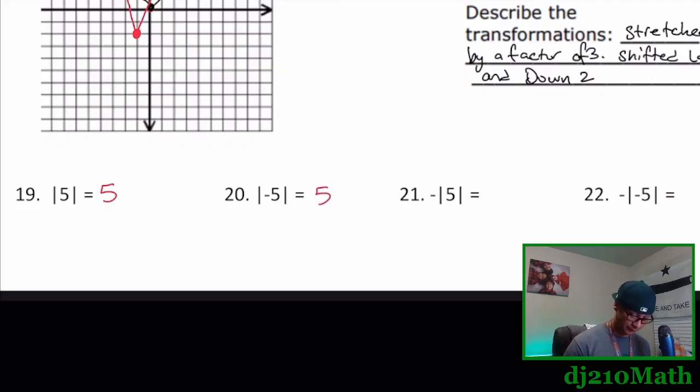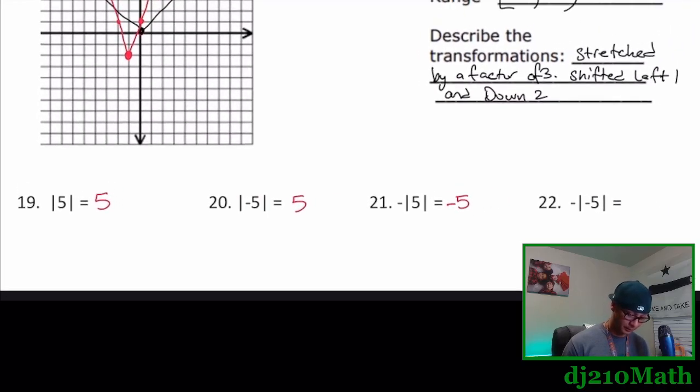Absolute value of 5 is 5, and the negative outside makes it -5. It's the negative times the absolute value. Number 22, this one's going to be absolute value of -5 is still 5, and negative times 5 is -5. So those are the answers there.